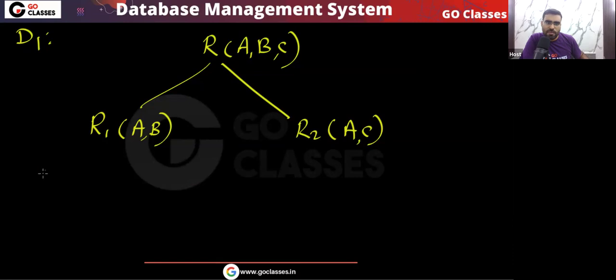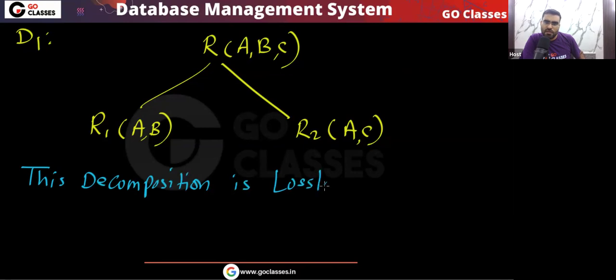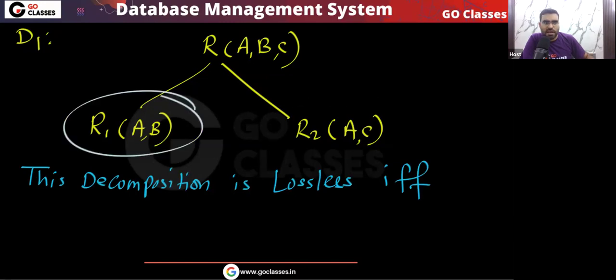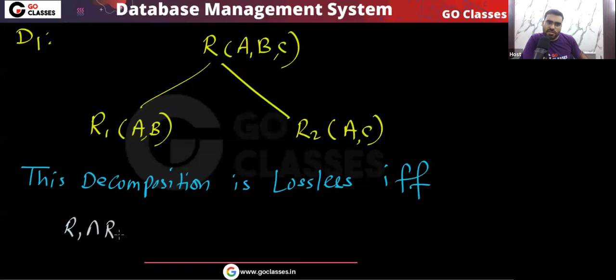It will be lossless. Remember, this decomposition is lossless if and only if the set of common attributes, R1 intersection R2, which is A. Yes or no? R1 intersection R2, that is A. So this A must be a super key in R1 or R2.